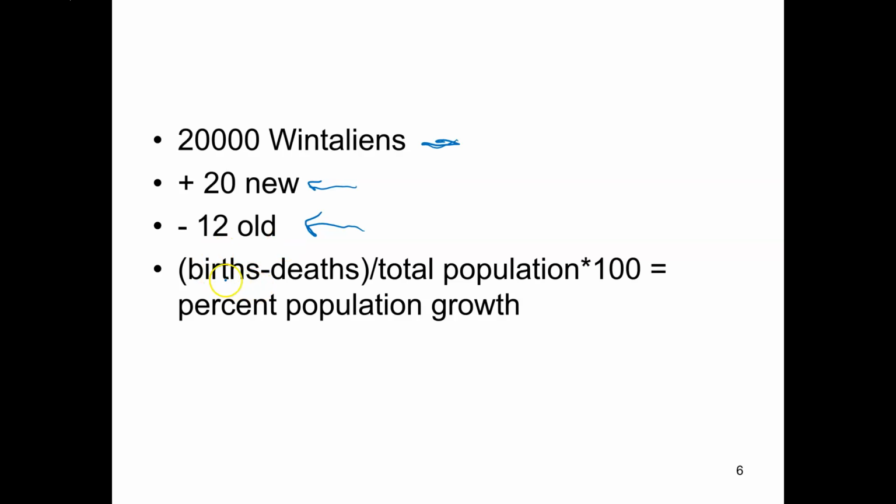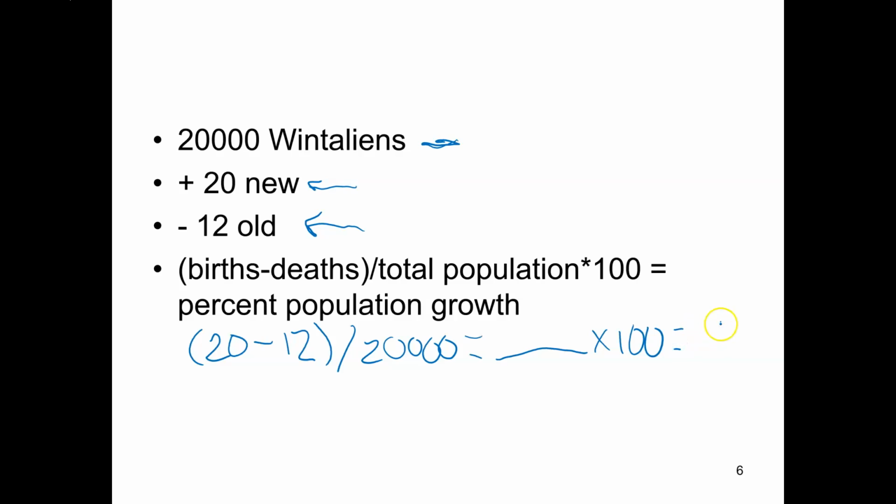Take the births minus the deaths, so that would be 20 minus 12. Divide that by the total population, 20,000. That gives us some number that we multiply by 100, and that gives us our percent.